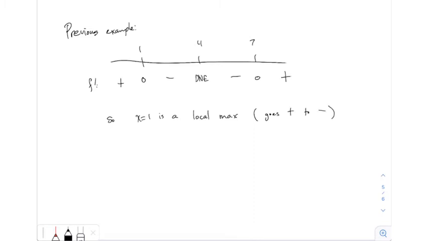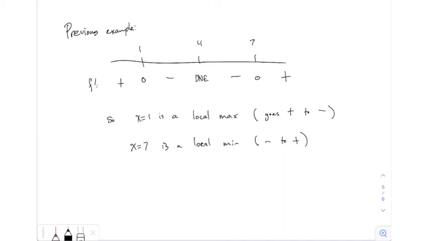All right? 4 on the chart goes minus to minus, so that means 4 is not a maximum or a minimum. Furthermore, the function doesn't even exist at 4, so 4 is not anything, really. But x equals 7 is a local minimum this time, because it goes minus to plus.